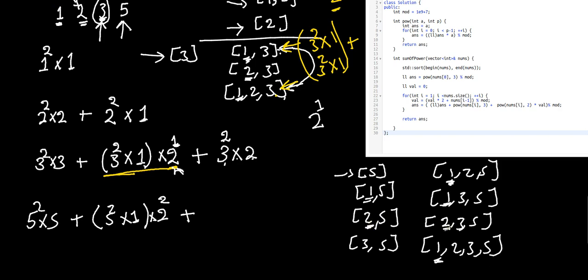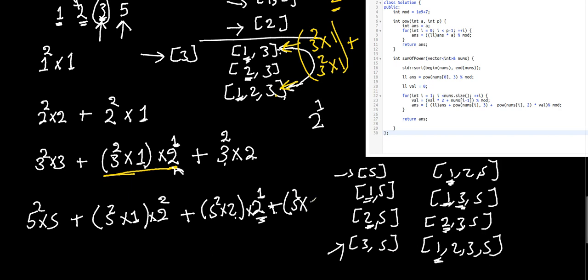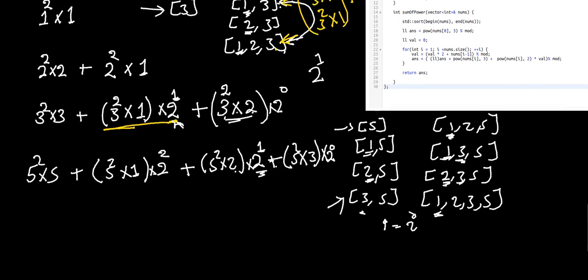We have 1, 2, so we have 2, which is 2 to the power 1, 5 square multiplied by 2, the maximum, and this is the minimum, and this is the number of groups that have the minimum 2, plus again how many groups have the minimum equal 3? We have only one group, so here we have 5 square multiplied by 3 multiplied by 1, which is 2 to the power 0. You can do the same for this one, it's 2 to the power 0.